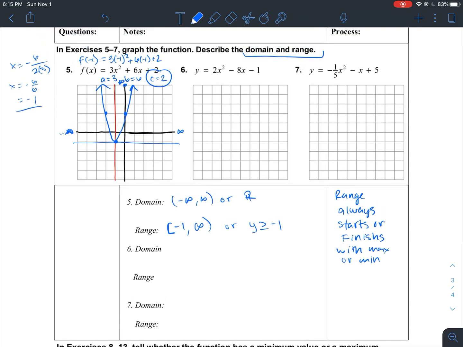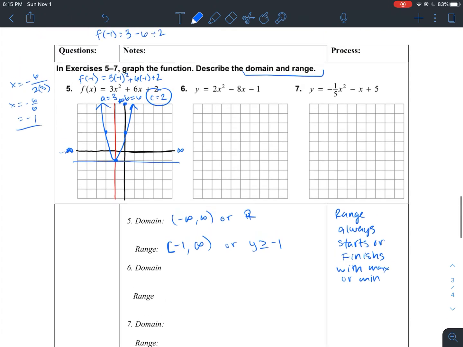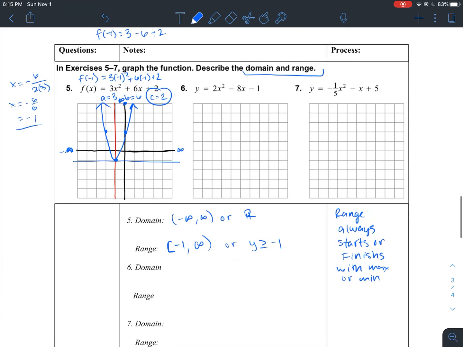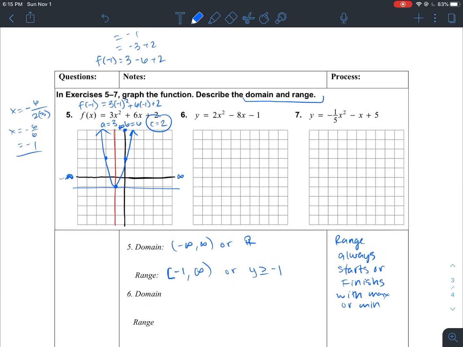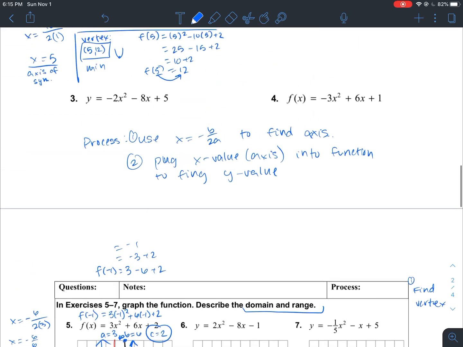Alright, feel free to try 6 and 7 using the same steps I did. So if you want to use a process, like right here, I would just say 1, find the vertex using the methods that we found here.